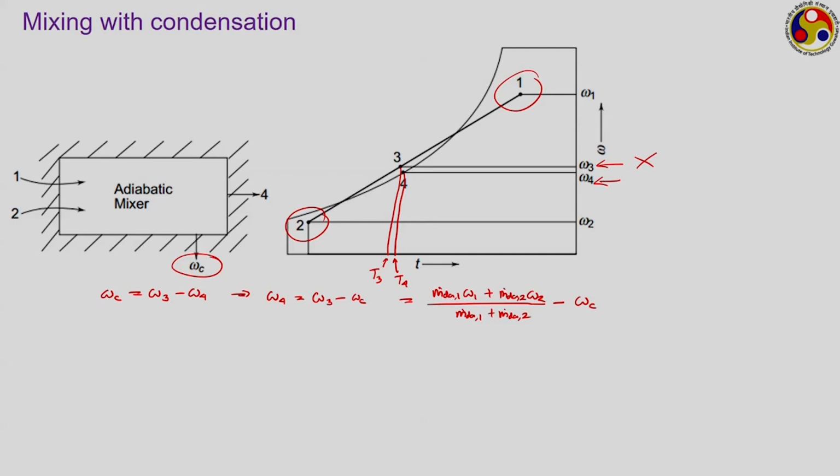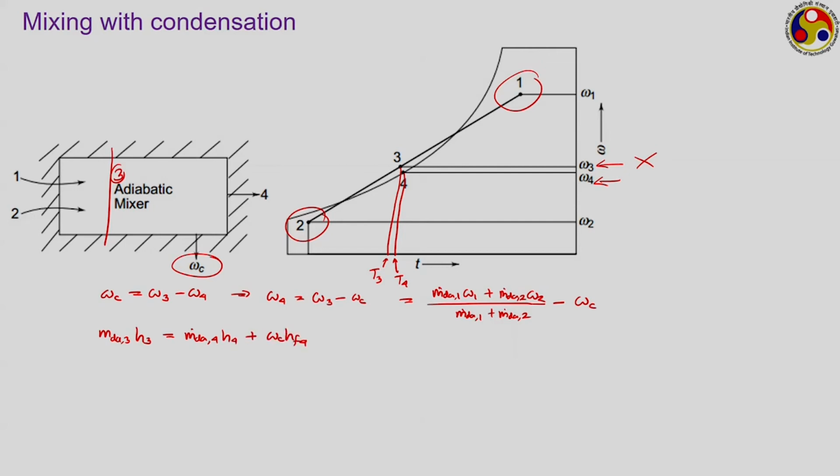Also, if we perform the energy balance to identify the temperature of state 4: the adiabatic mixture is receiving states 1 and 2, then at this point your state is 3, and then it is getting separated into 4 and omega c. If we perform an energy balance on this, then m dot dry air 3 H3 should be equal to m dot dry air 4 H4 plus omega c into Hf corresponding to the point 4.